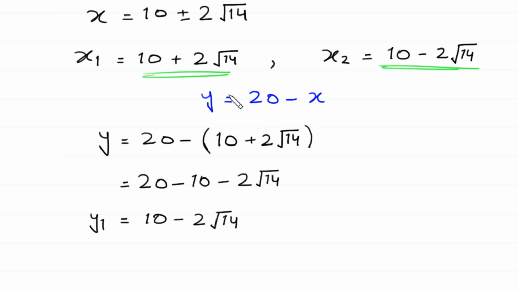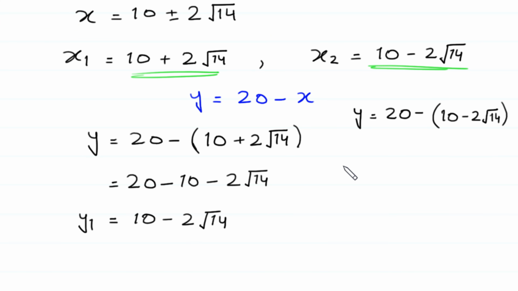Now in this equation we put the value of x2. Y is equal to 20 minus the value of x2, which is 10 minus 2 times square root of 14. Next, 20, this minus will change the signs of these two terms.